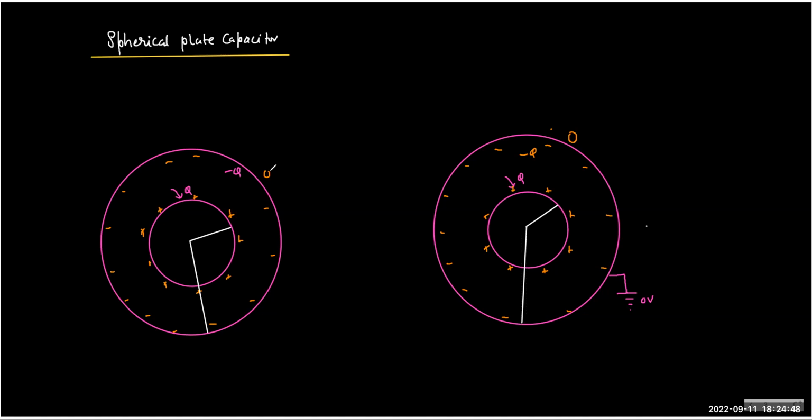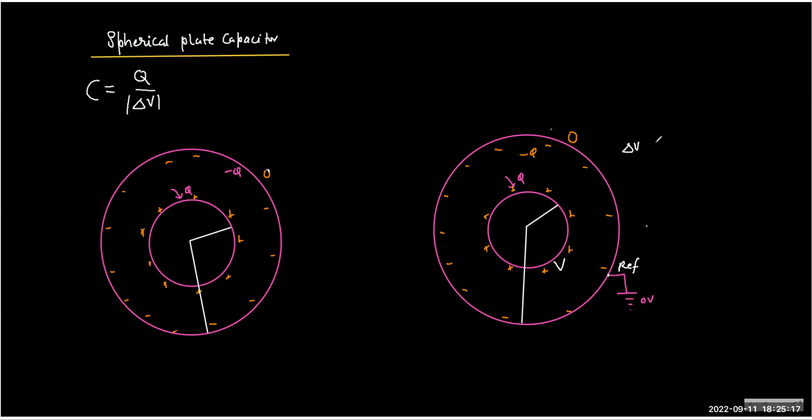So the next step is the way we define the capacitance: it is the amount of charge given to a conductor and the rising potential, right? Yes. So if I choose the outer as grounded, which is the reference, the inner potential, if I call V, then the potential difference will be the same as the potential of the inner surface, isn't it? Yes.